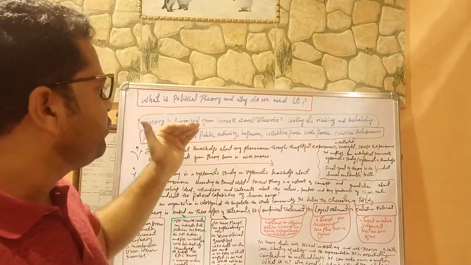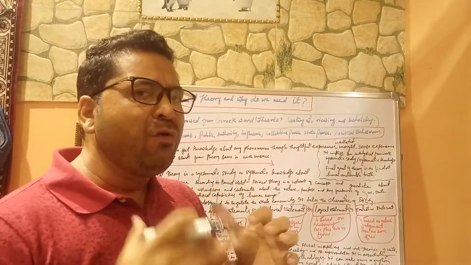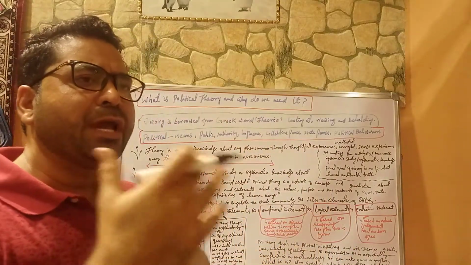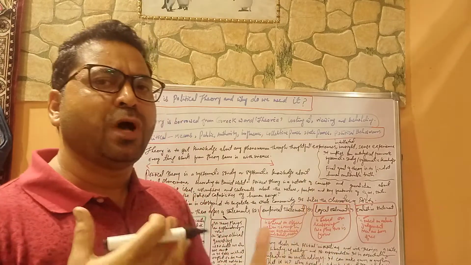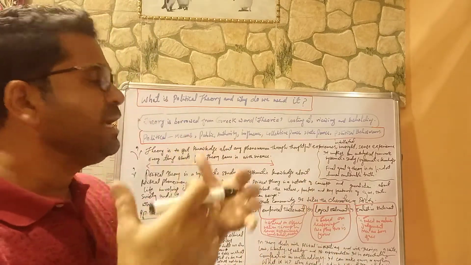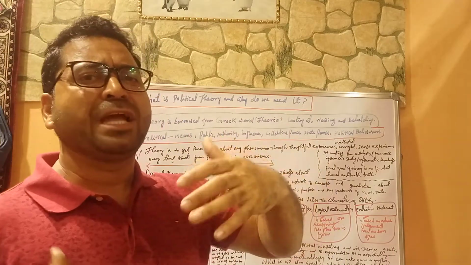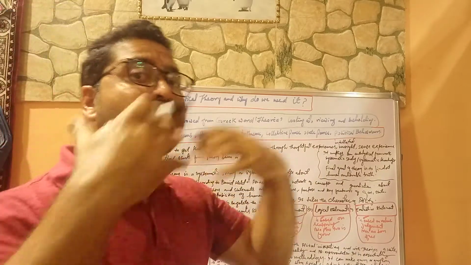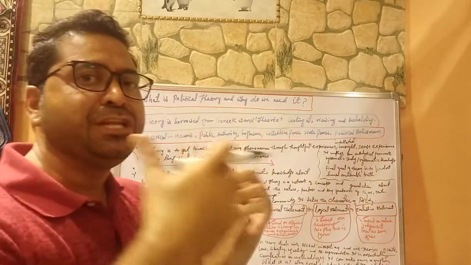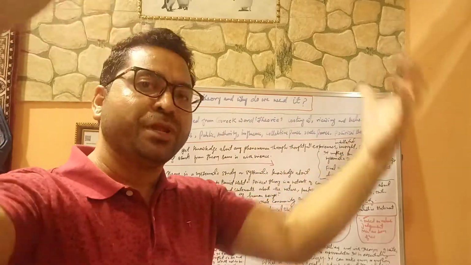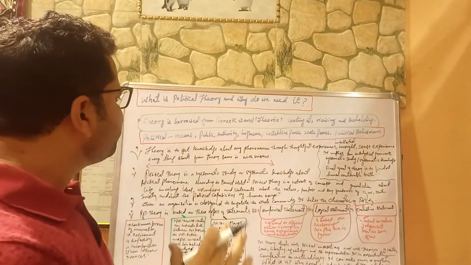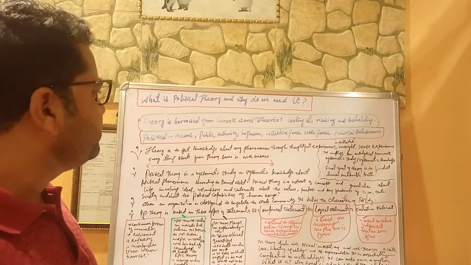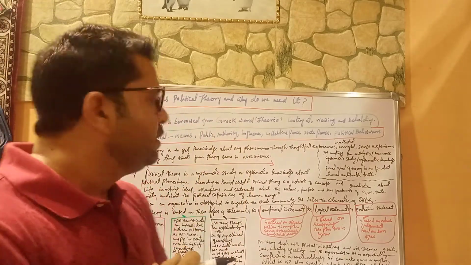So when we talk about theory, it means how we are looking at a particular phenomenon, how we are looking at any activity, and what our understanding is about any issue. Theory means how we are viewing any situation or phenomenon.